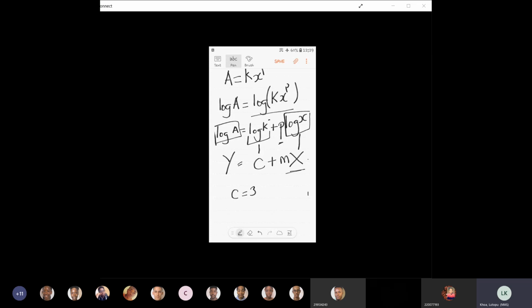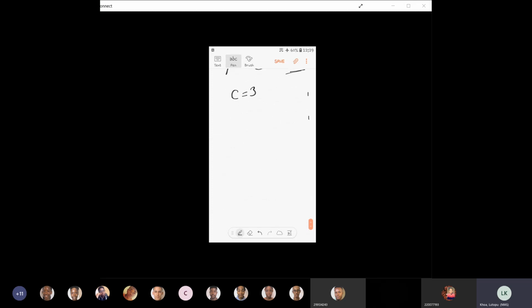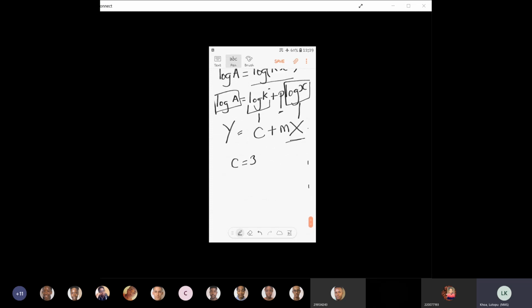But I also know that the intercept is equal to log k. So log k is equal to 3. To solve for k, the base here is 10, so k is equal to 10 to the power of 3, which is just 1000.